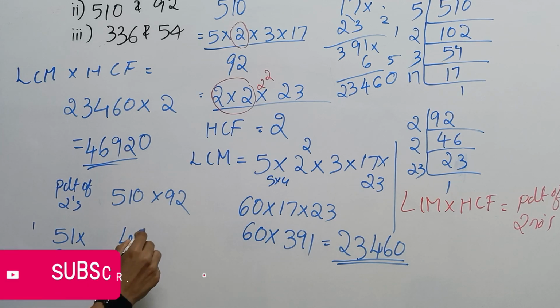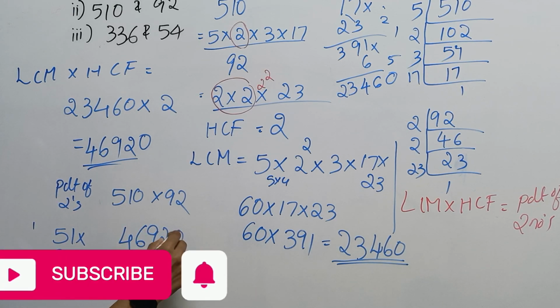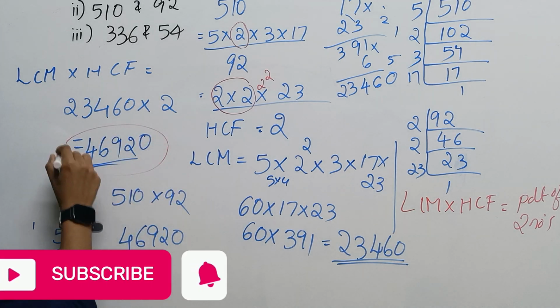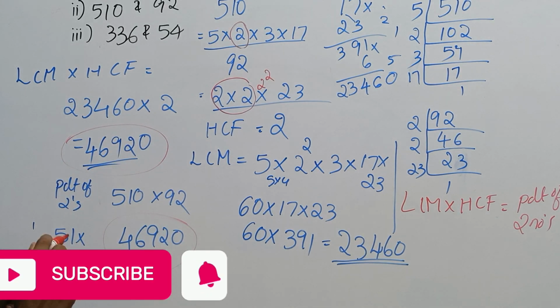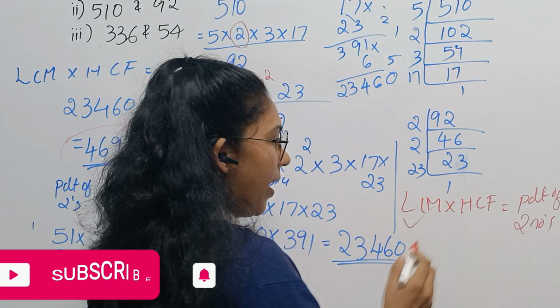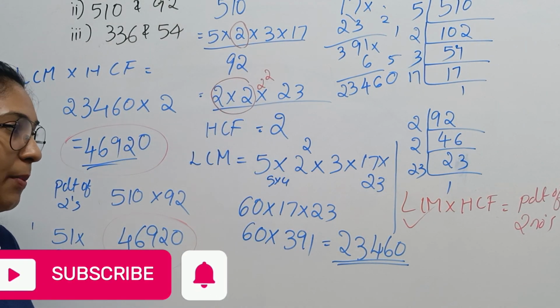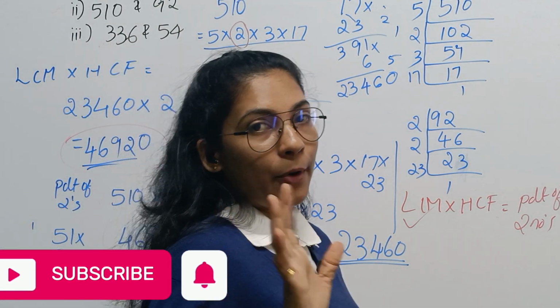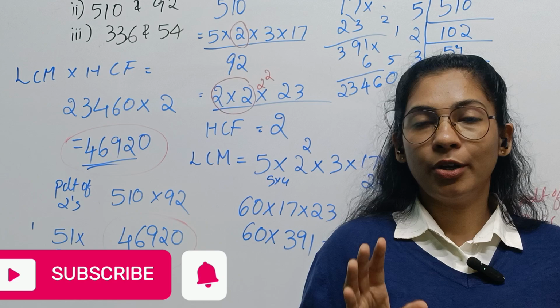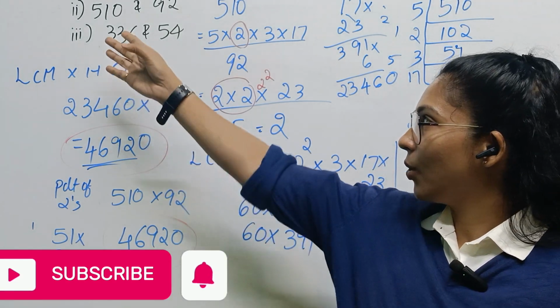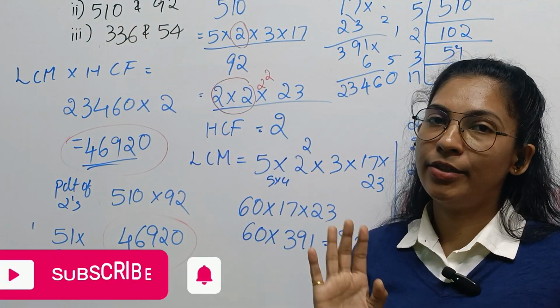Okay, so 46,920. See, both the answers are the same. Okay, so thus the equation is verified. That is, LCM into HCF is equal to the product of two numbers. Okay, so 510 and 92.